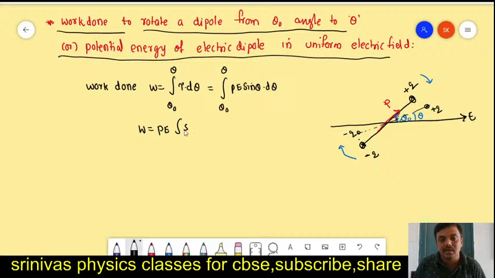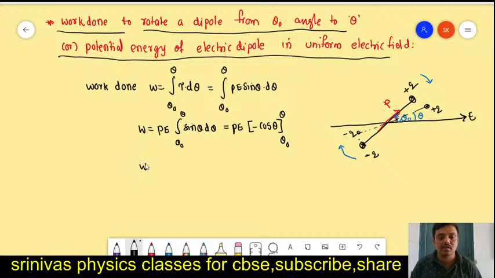Integration of sin theta d theta we will get is minus cos theta. There is a formula, and the limits you should substitute next. Minus P E we write outside, cos theta, limits theta naught to theta.